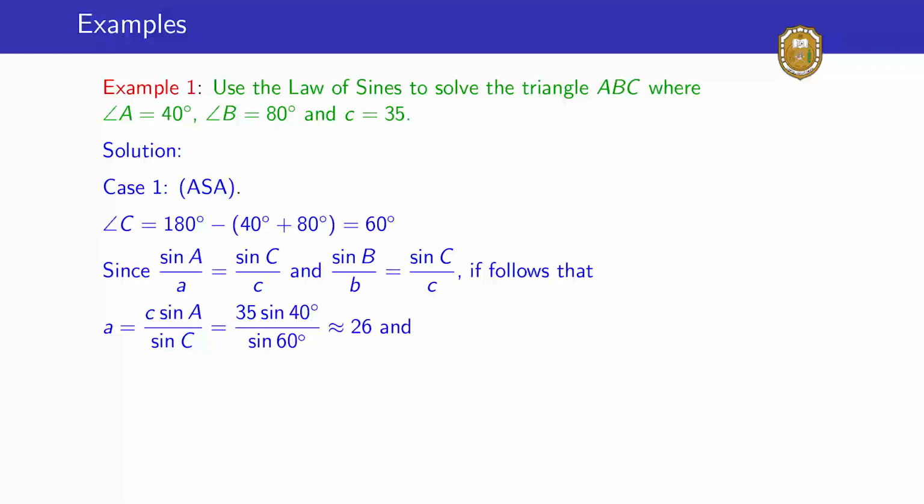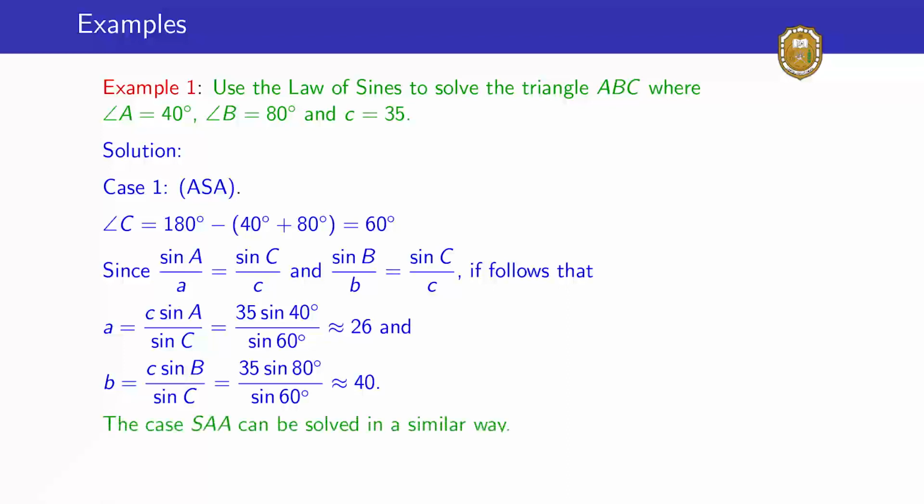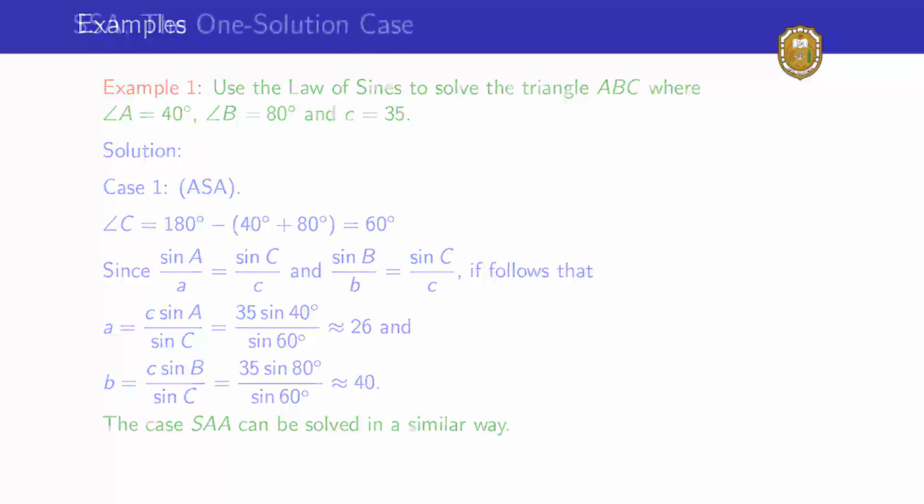And also from the law of sines, b is equal to c sine B over sine C, which is equal to 35 sine 80 divided by sine 60, and that will give you approximately 40. So we have solved the triangle ABC. Angle A is 40, angle B is 80 degrees, and length c is 35. We have angle C is 60 degrees, length a is 26, and length b is 40.